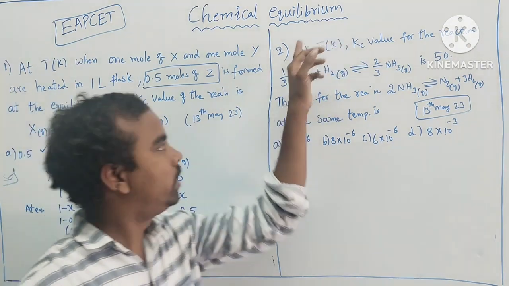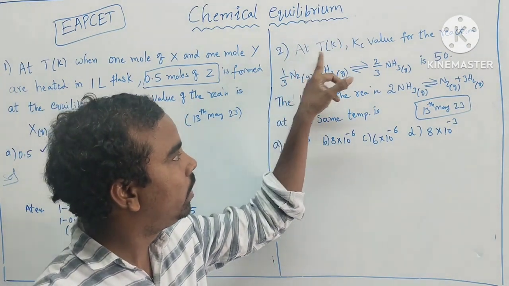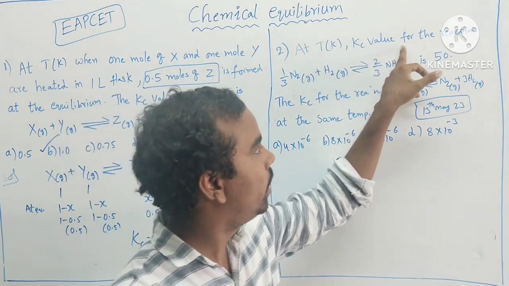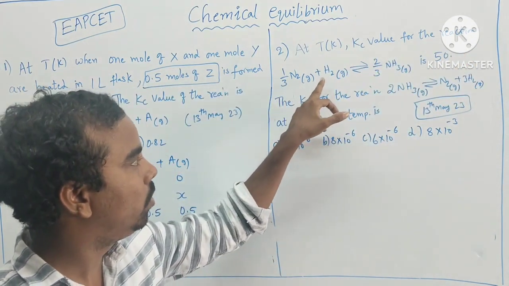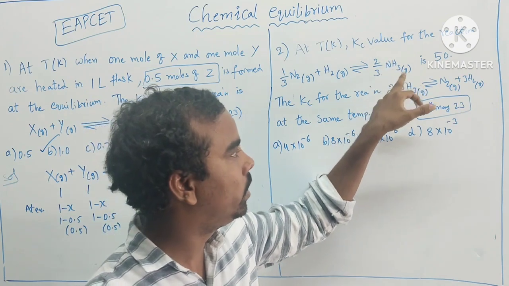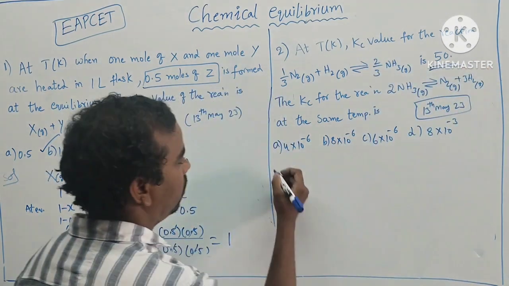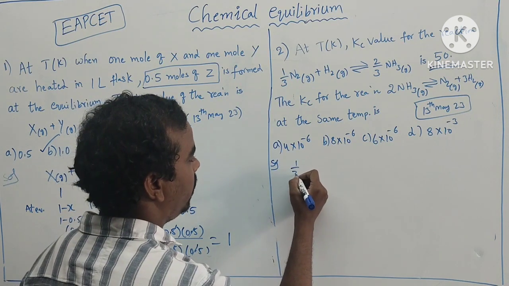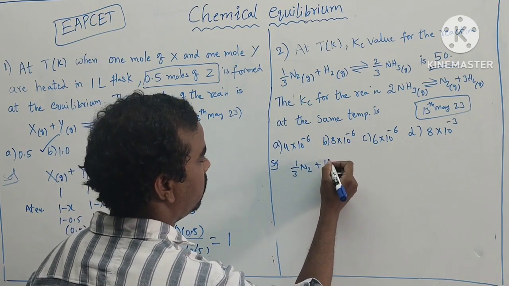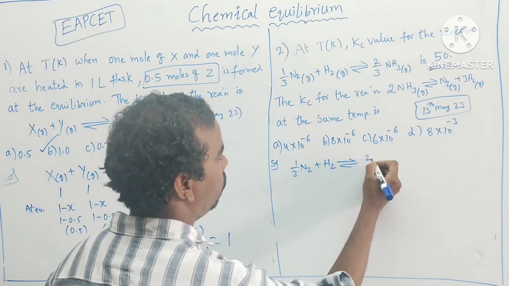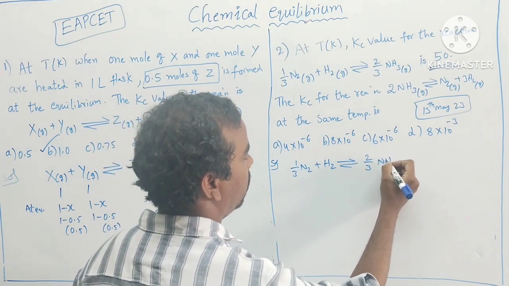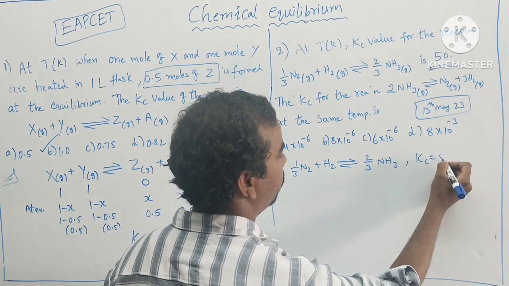Option B. Next model. At T kelvins, the Kc value for the reaction 1 by 3 N2 plus H2 in equilibrium with 2 by 3 NH3 is 50. So Kc is 50.